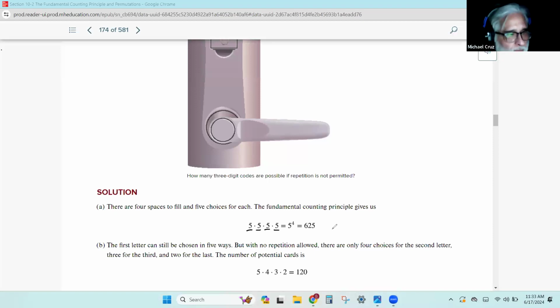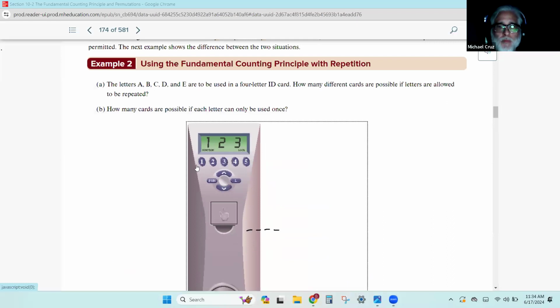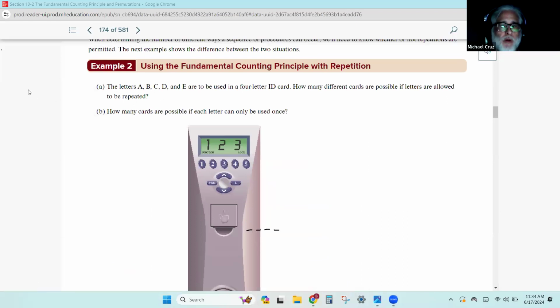Now, if we cannot have repetition, then it's slightly different. For the first one, we've got A, B, C, D, and E. But once we use the first one, A, it's gone, because we can't repeat it.